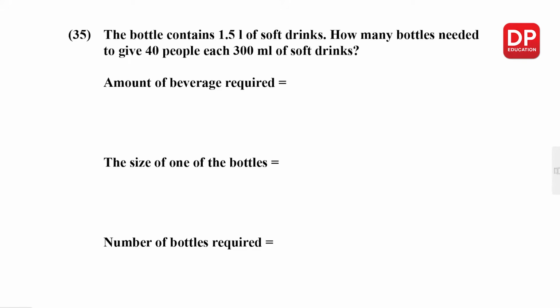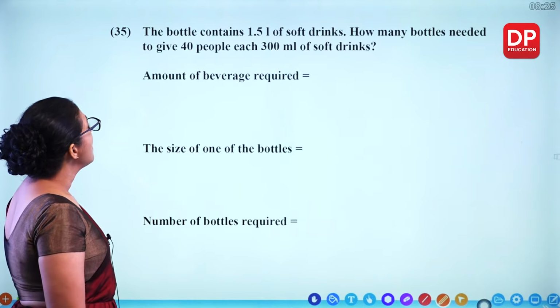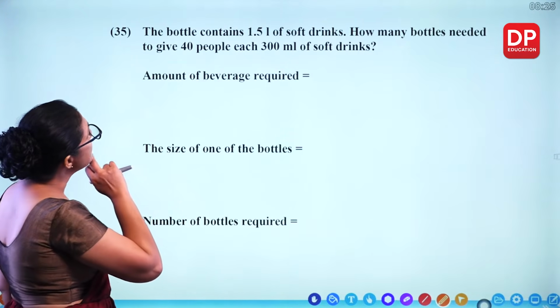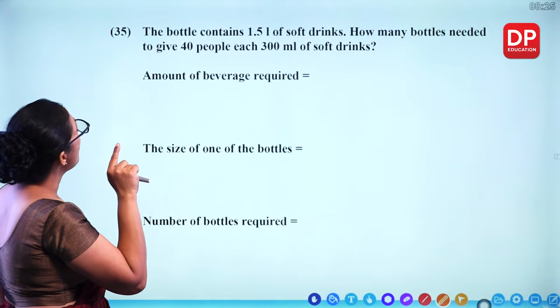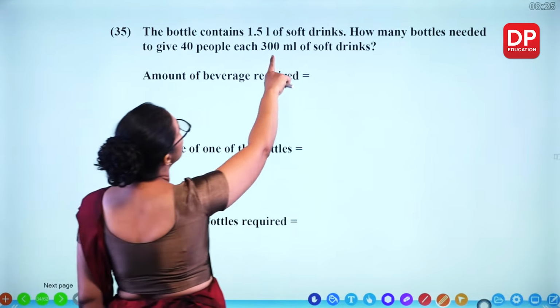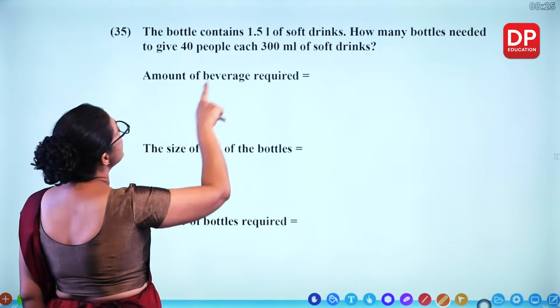The bottle contains 1.5 liters of soft drinks. How many bottles needed to give 40 people each 300 milliliter of soft drinks? Amount of beverage required is, so how many milliliters required?